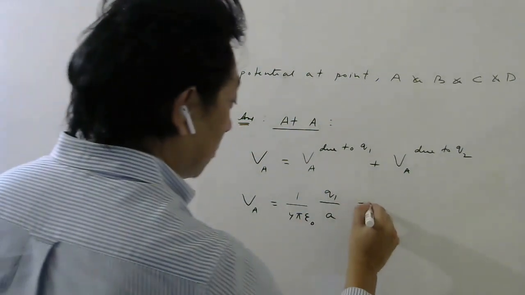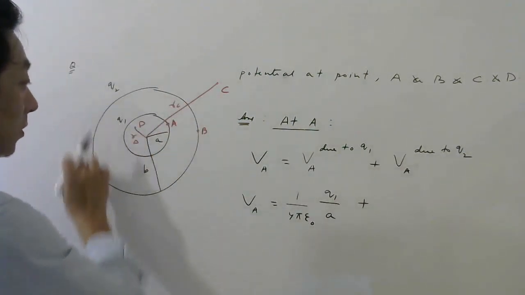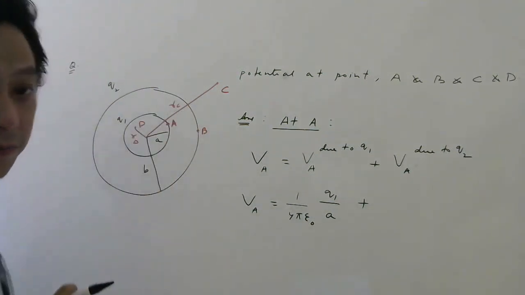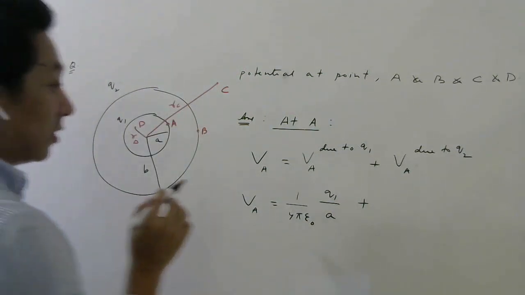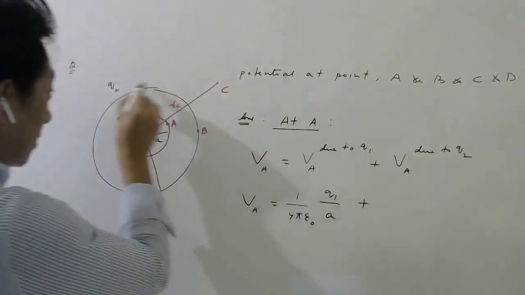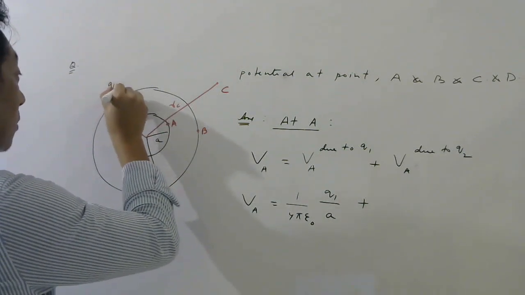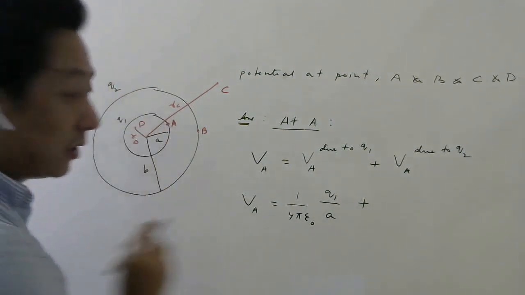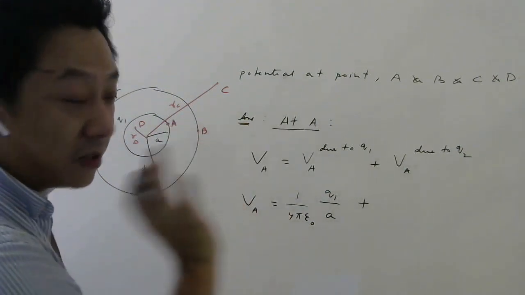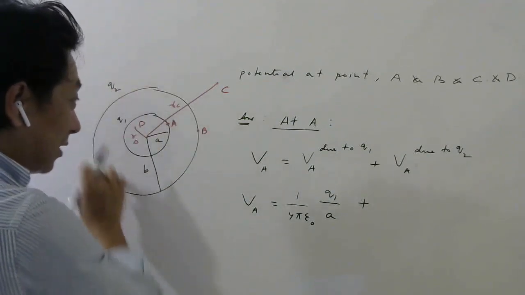Now I want potential at A due to which charge? Q2. Again, let's understand the question. I want potential at A due to this charge, which is on the outer shell. Where is this point A? My observation point is A, so this point is inside this shell.